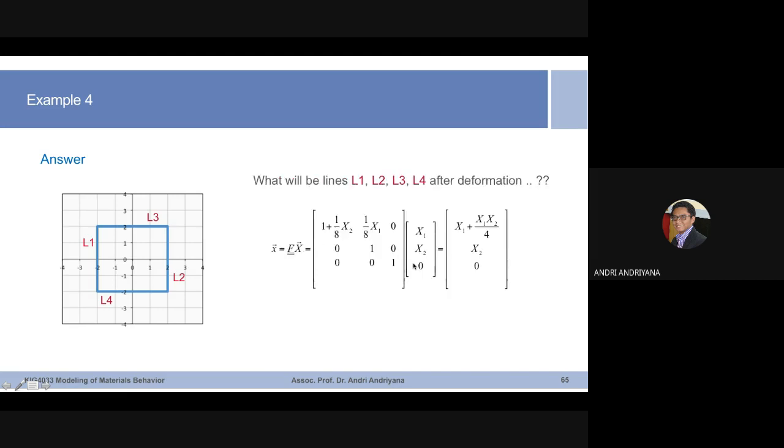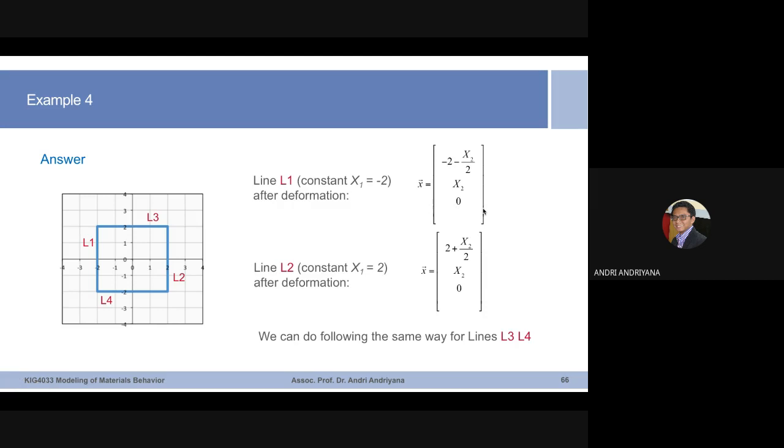So I insert it here and do a simple matrix operation, and I get this. All the lines will be transformed to become this vector. So all the lines which were initially represented by x1, x2, after the deformations become this one.